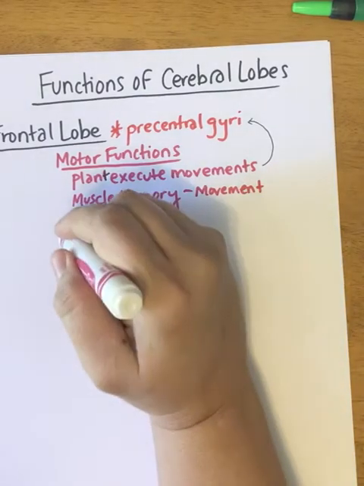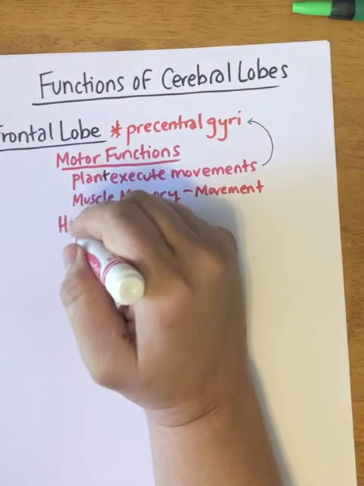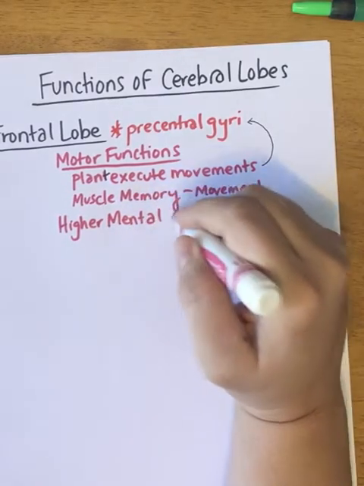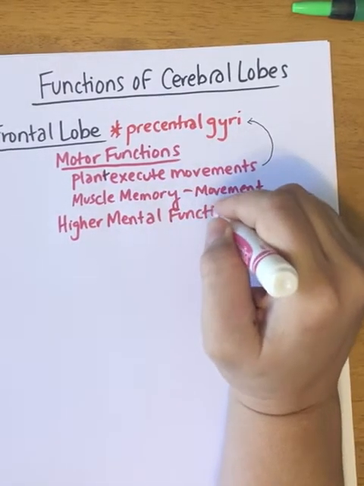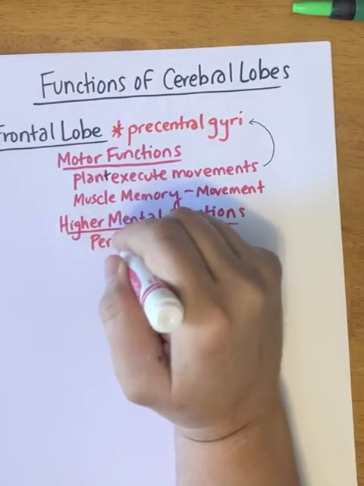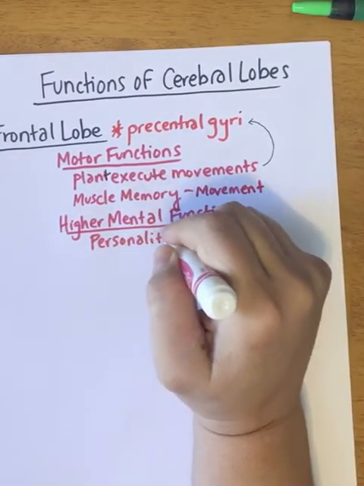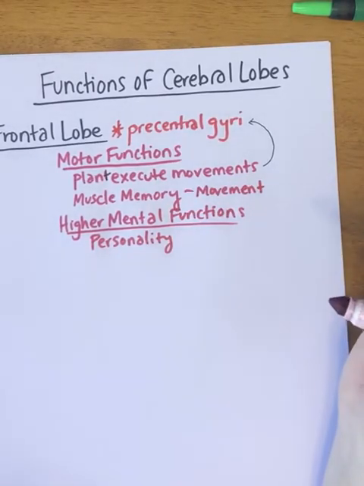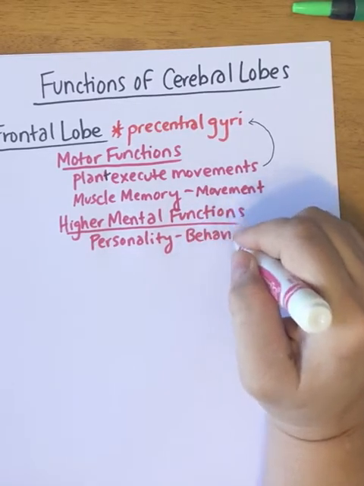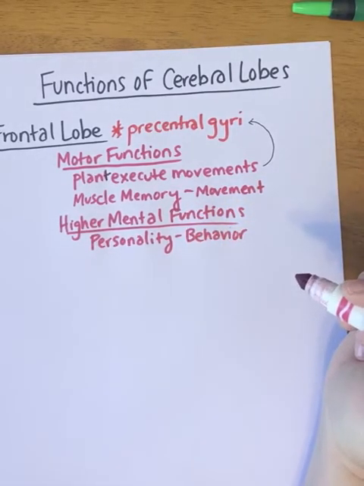But you also have higher mental functions that come from your frontal lobe. Higher mental functions that come from your frontal lobe are going to be your personality. So if you don't like somebody, you don't like their brain, you don't like their frontal lobe. It's also going to control your behavior, if you're a good boy or a bad girl.